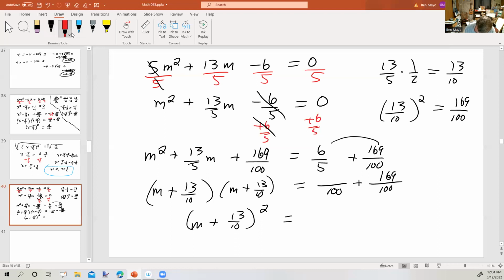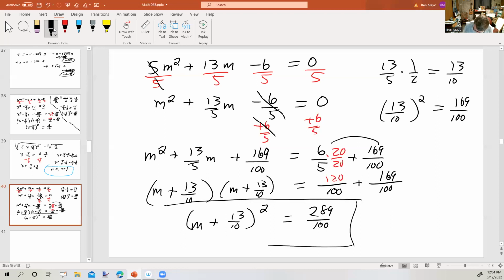So 6/5 I'm going to multiply by 20/20 to get 120/100 plus 169/100, which gives me 289/100. So now I've got it in a form where I've completed the square. I can apply the square root property. Let me know when you're to this point. I'm going to take that and go to the next page.